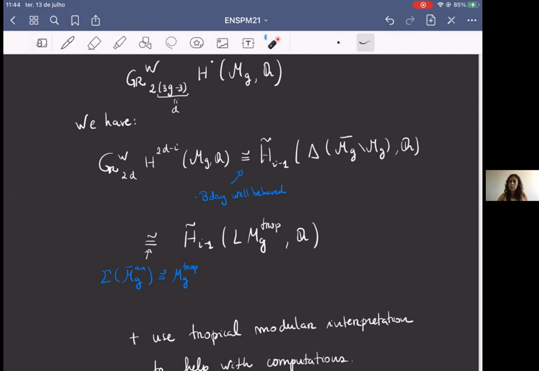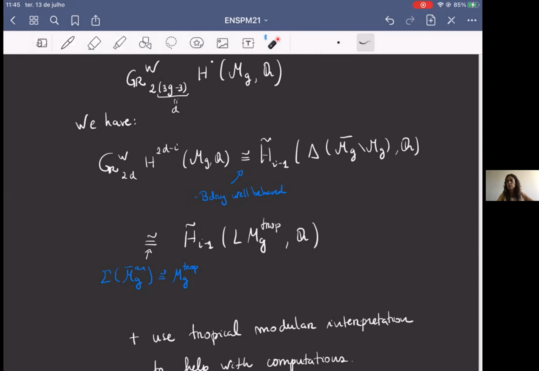And there are lots of spectral sequences that have been written to describe some classes. But the whole cohomology ring was known just until g equal 3, and for g equal 4 there's a lot known, but not completely. Our results were new from g equal to 5 until g equal to 7, and from g equal to 8 on, we can just get some new bounds that were not known.